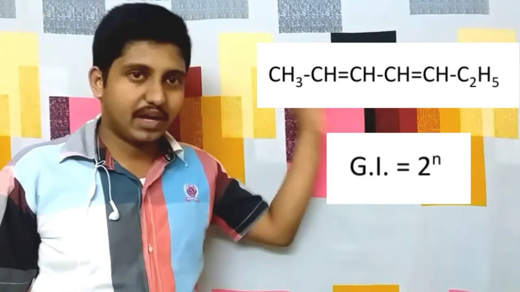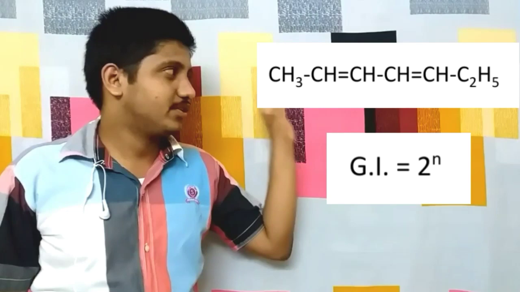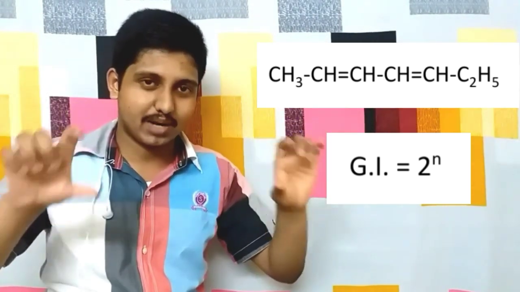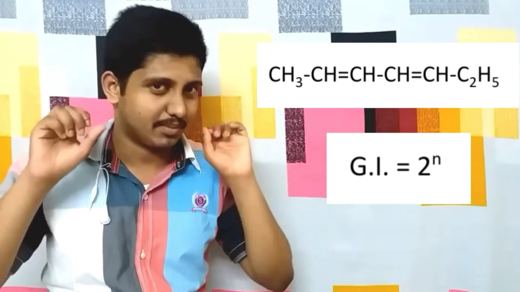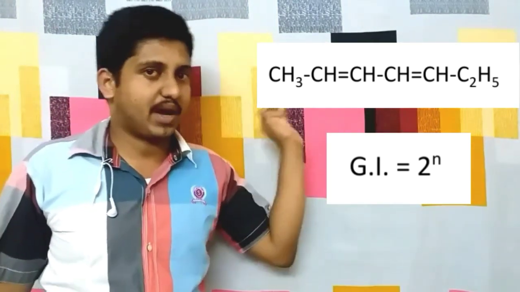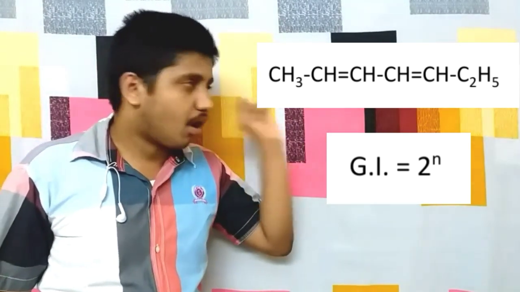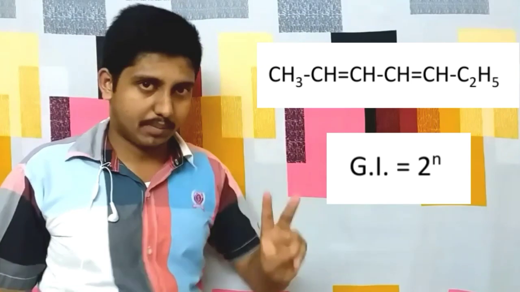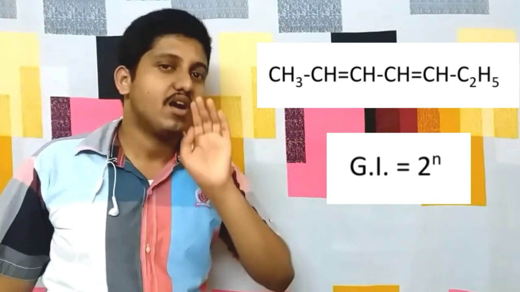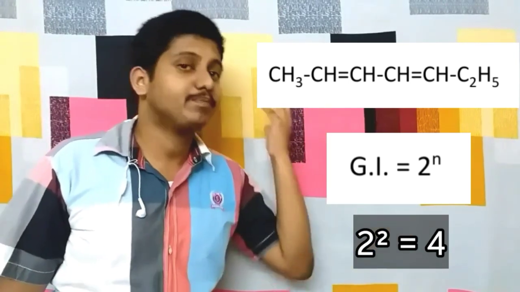So we have two different groups on either side of the basic structure CH=CH-CH=CH. If we count the total number of double bonds, we have 2 double bonds, and hence n is equal to 2. So 2 raised to 2 is 4; we have 4 geometrical isomers for this compound.